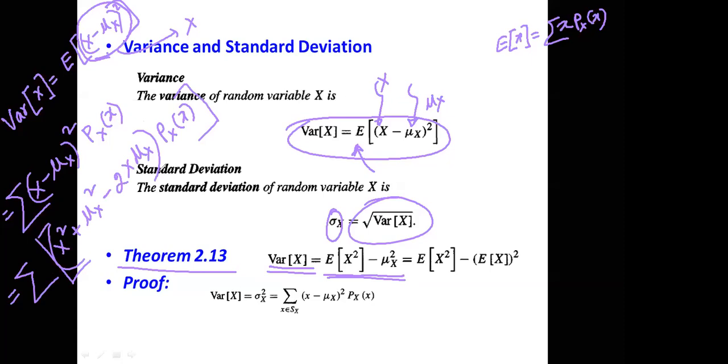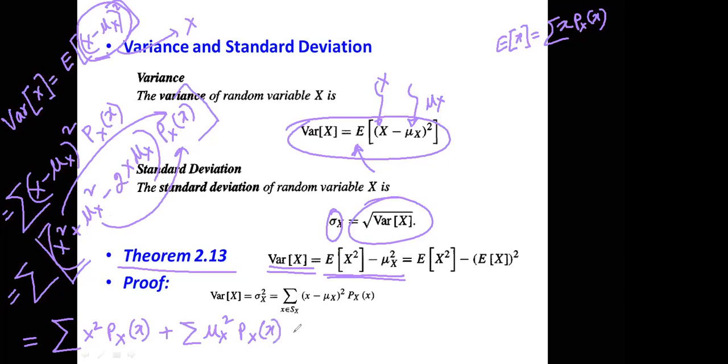Yes, sir. We can do it. And then can I say that this one is the same as summation of x square into p(x)? I'm just multiplying this one and then this one, plus summation of mu x square into p(x), and actually it is minus, not plus.